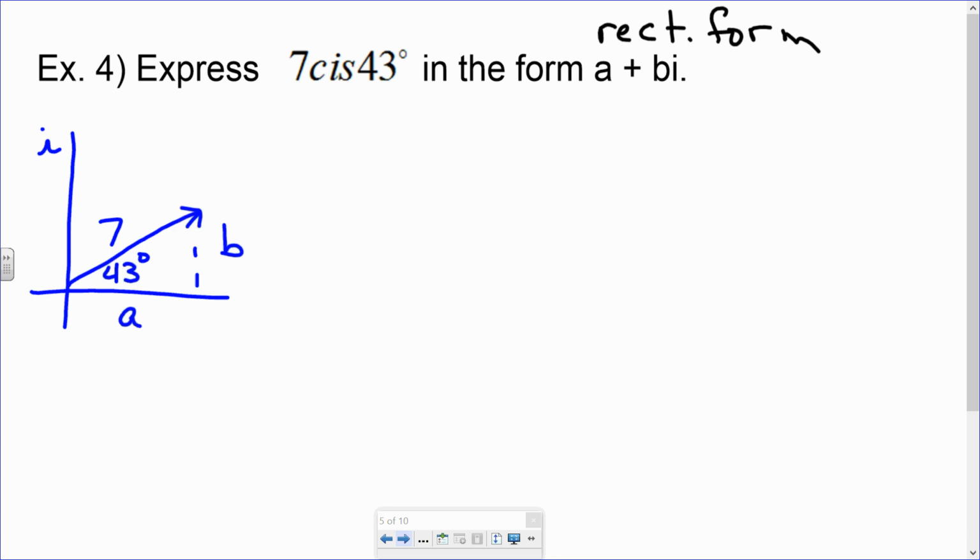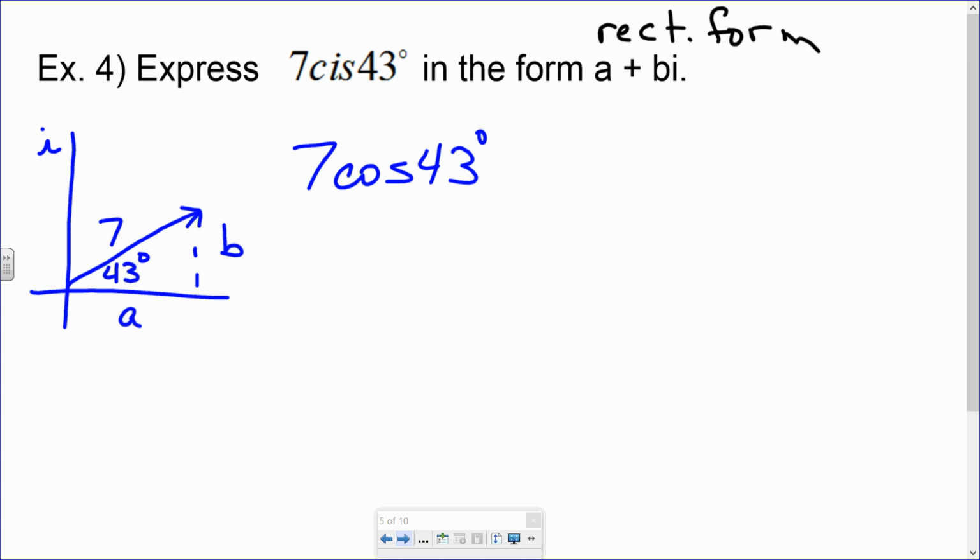Billy, how am I going to get A? Okay, perfect. That is going to be 7 cosine 43 degrees. And you can figure that out two ways.